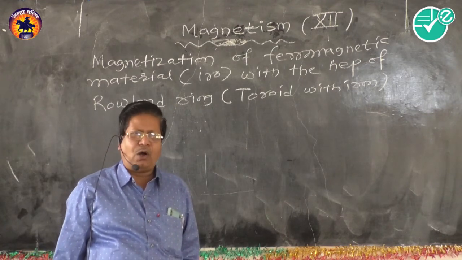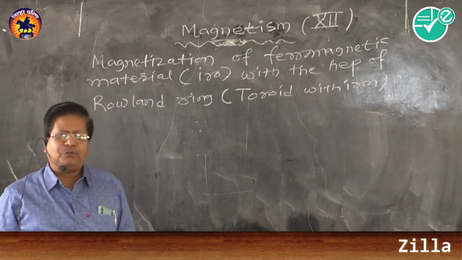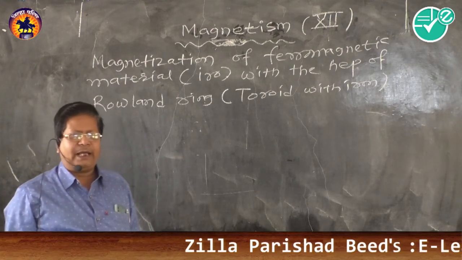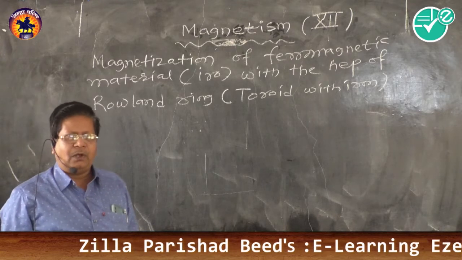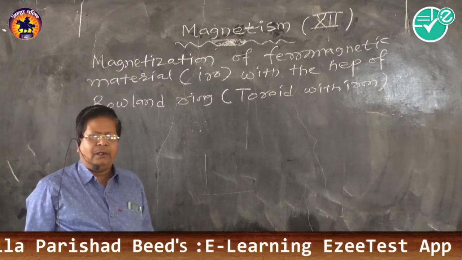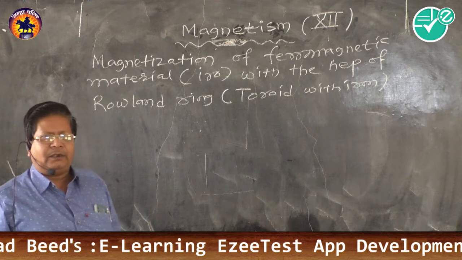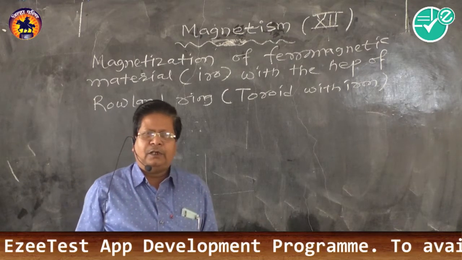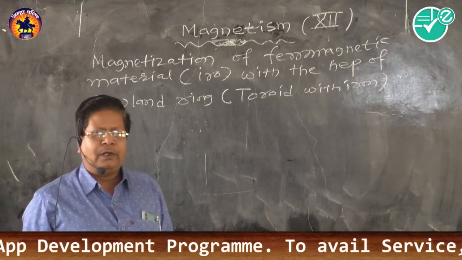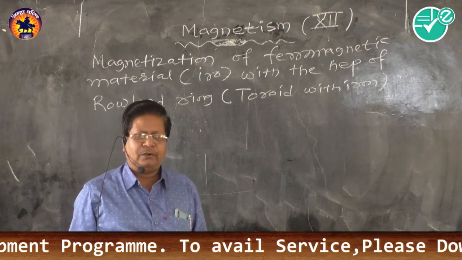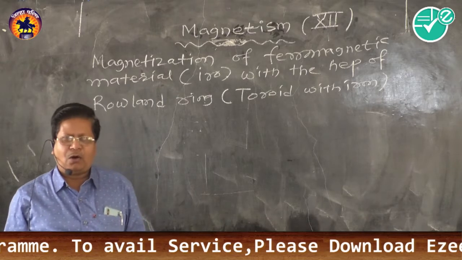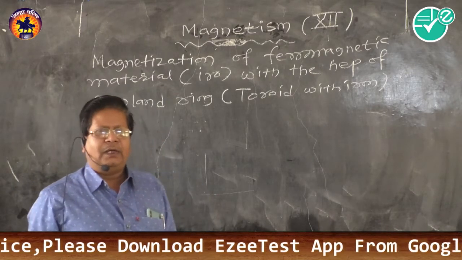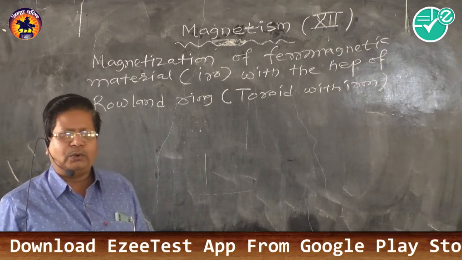And if this long solenoid is bent into the form of a ring, that is called as toroid. And this toroid behaves like the special Indian dish called as medu vada, or the shape of this toroid is like a donut.